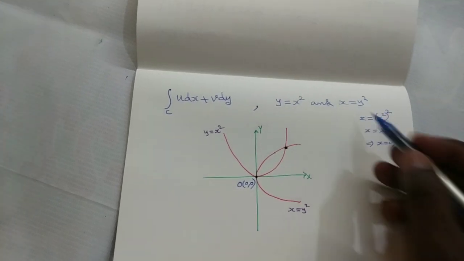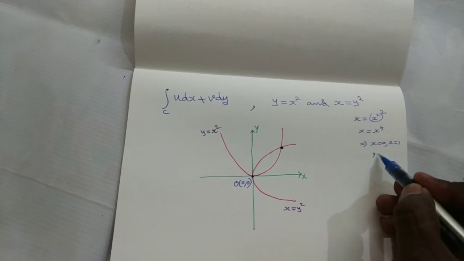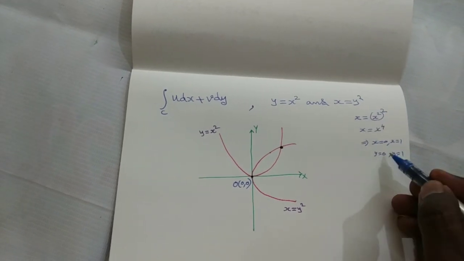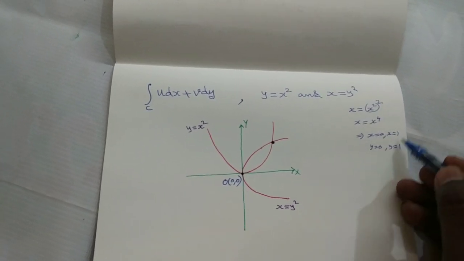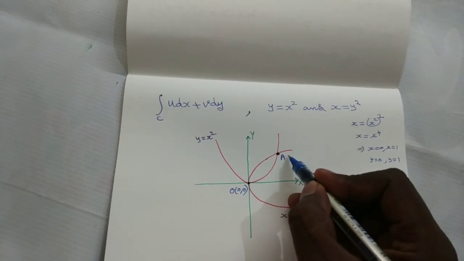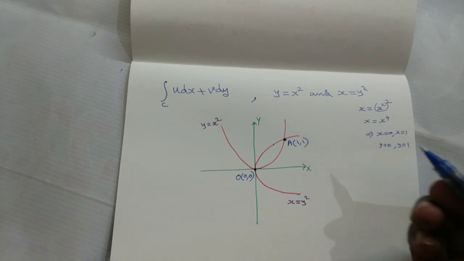Put x = 0, y is also 0. Put x = 1, y is also 1. So the points of intersection are (0, 0) and (1, 1). So this is (0, 0), and this you take as A (1, 1).